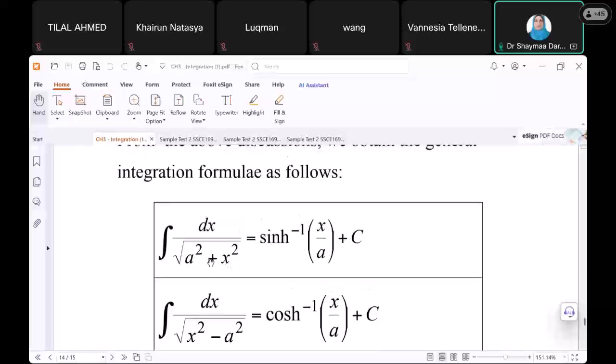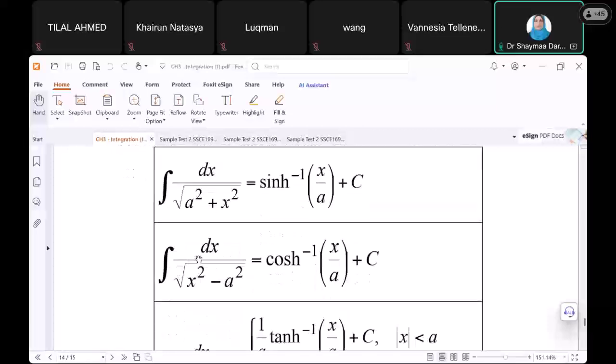The integration of 1 over square root of x squared minus a squared equals cos inverse x over a.